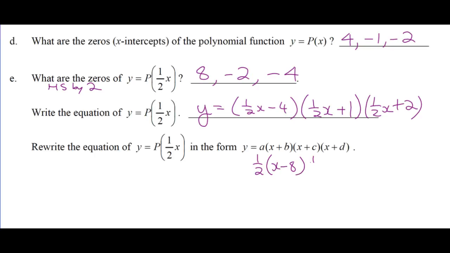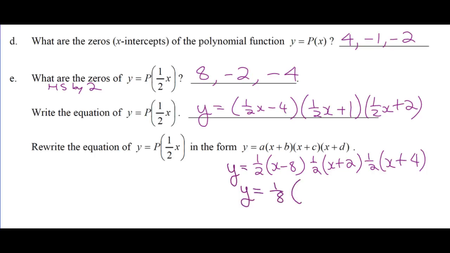This guy becomes 1/2 of x plus 2. This guy becomes 1/2 of x plus 4. And see, now we've got the intercepts where we want them, right? There's your 8. There's your -2. There's your -4. We're going to collect the halves together in front, right? So it's y equals 1/8 x minus 8 x plus 2 x plus 4.